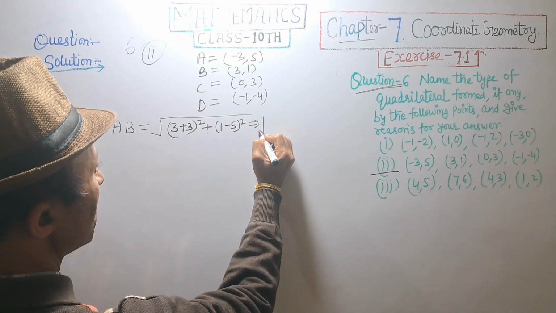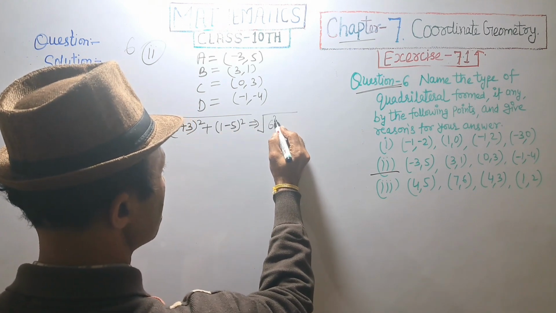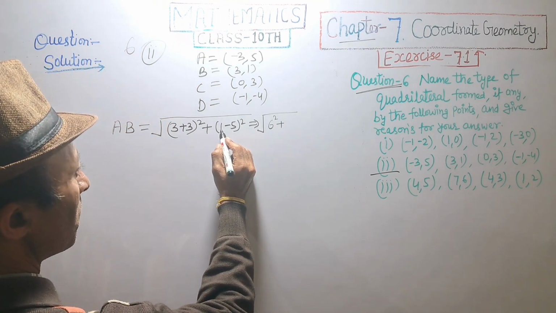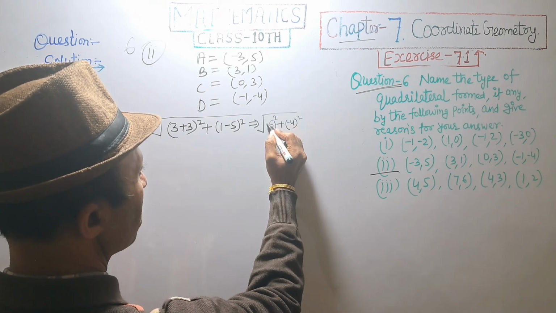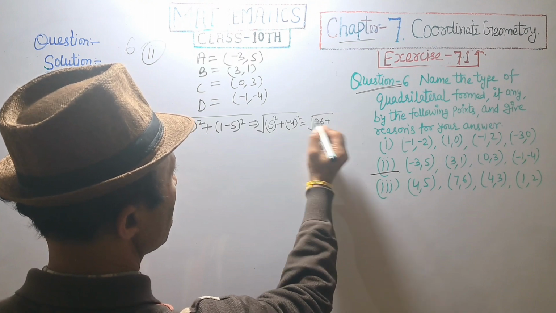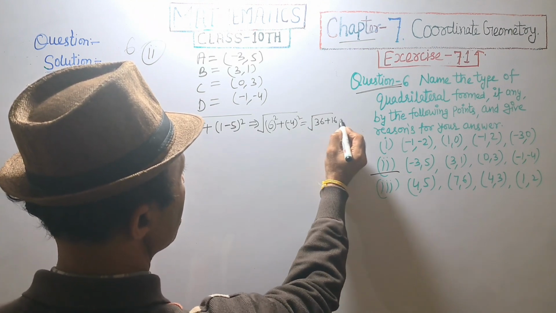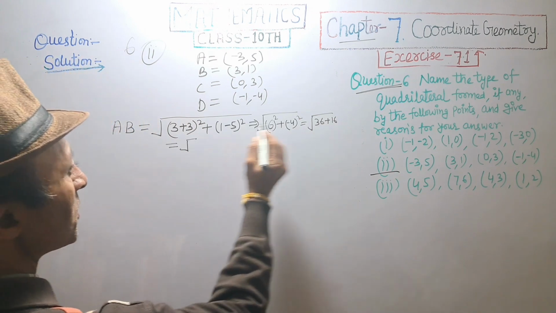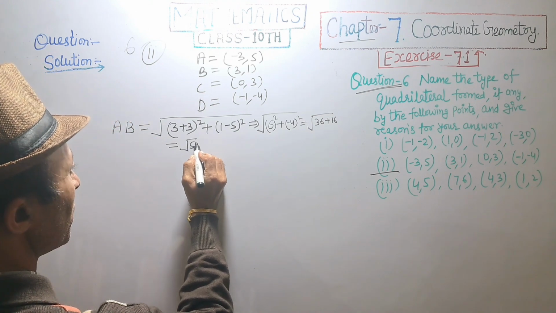This implies the square root of 3 plus 3 is 6, 6 square, plus minus 4 square, that is equal to 36 plus 4 fours are 16, which is the square root of 36 plus 16, which is 52.